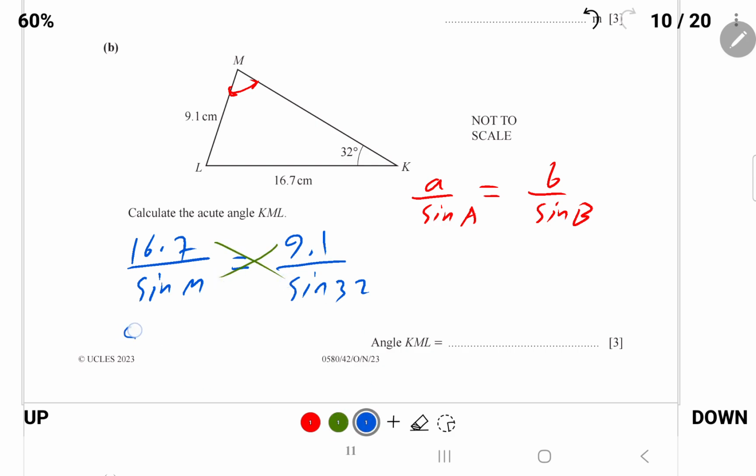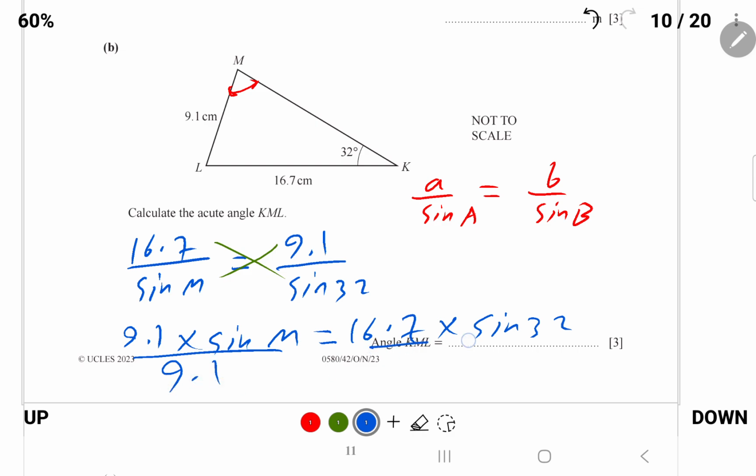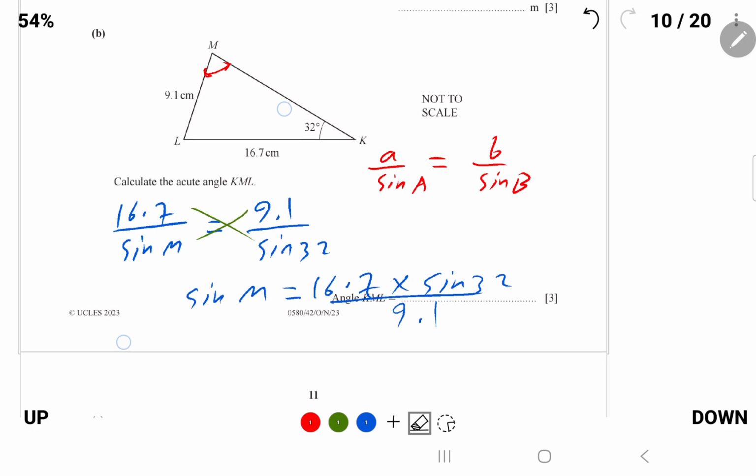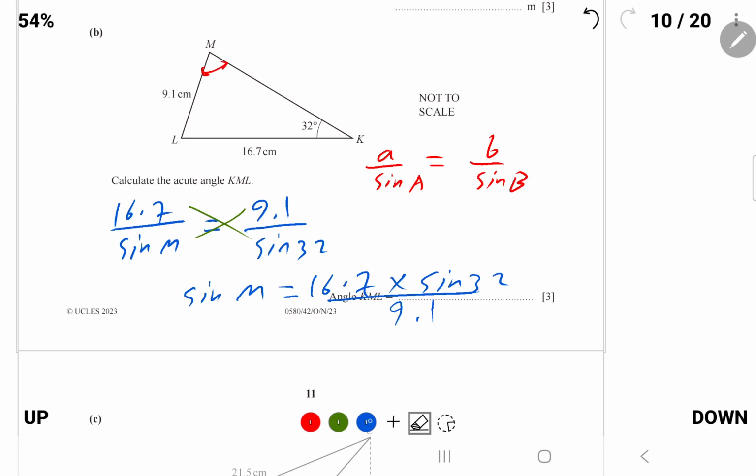So we get 9.1 times sine M is equal to 16.7 times sine 32. And then divide both sides by 9.1 here and here. Cancel these. So like this we got sine M equal this amount.